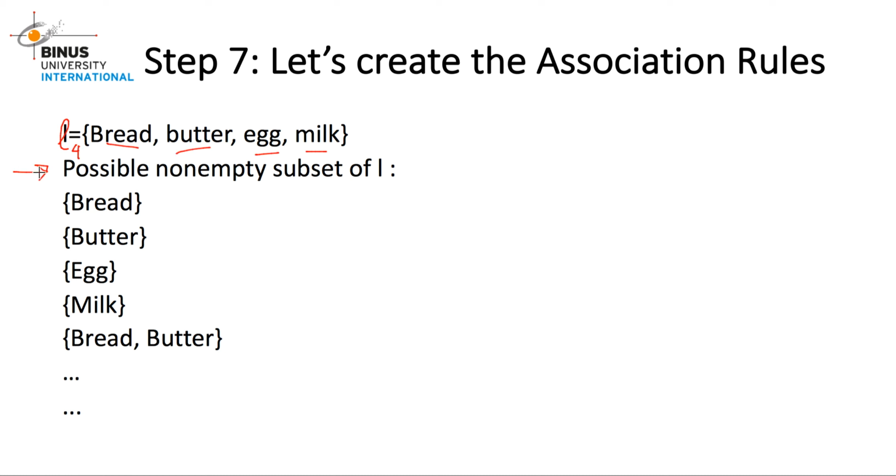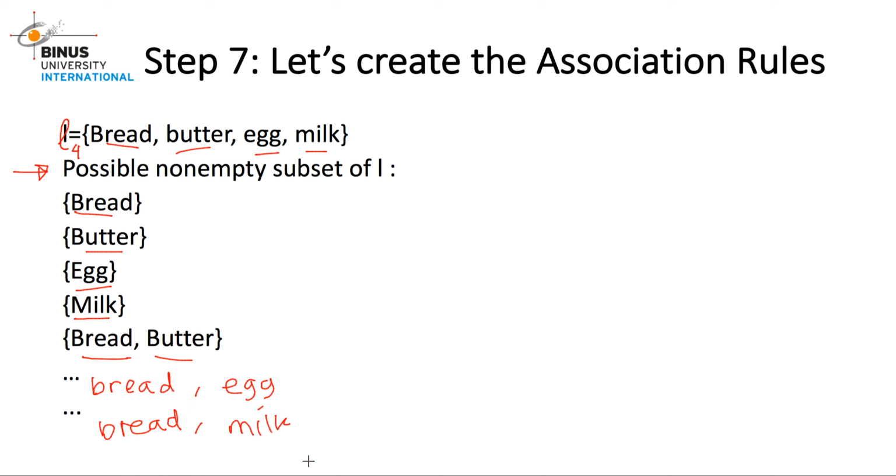Now we need to create possible non-empty subsets of L. First, we have bread, butter, egg, milk, bread and butter, and then what else? What possible non-empty subsets? We can have bread and egg, bread and milk, right?